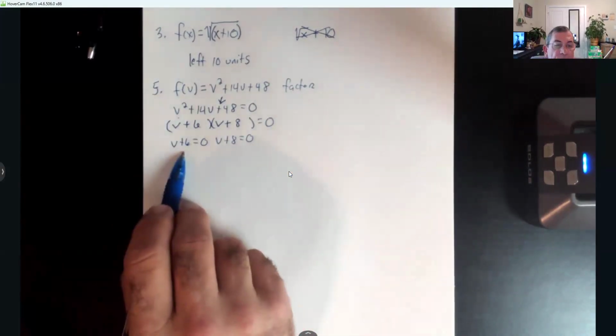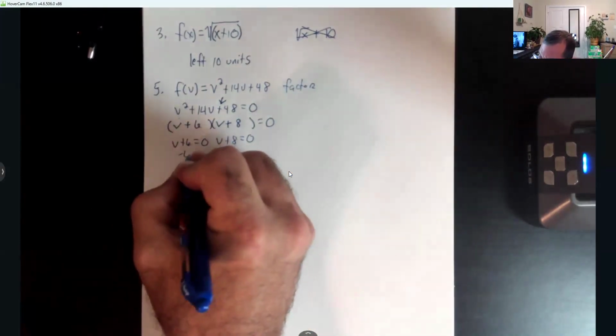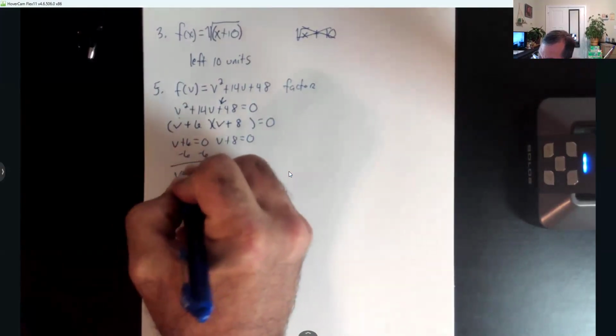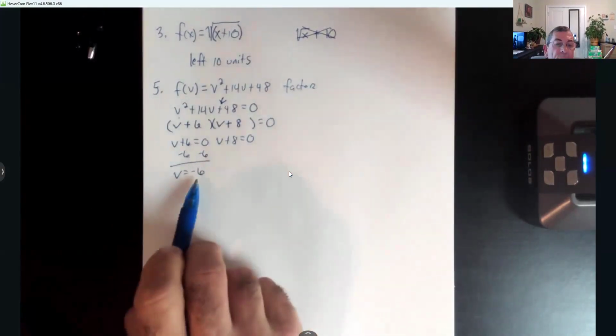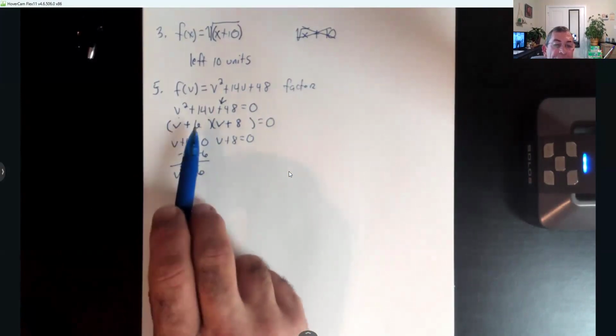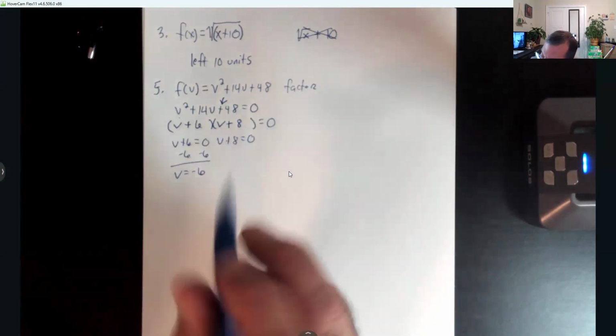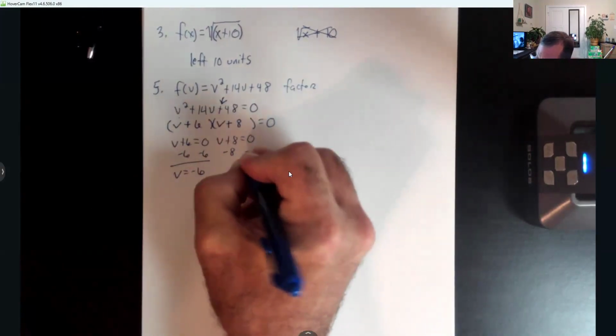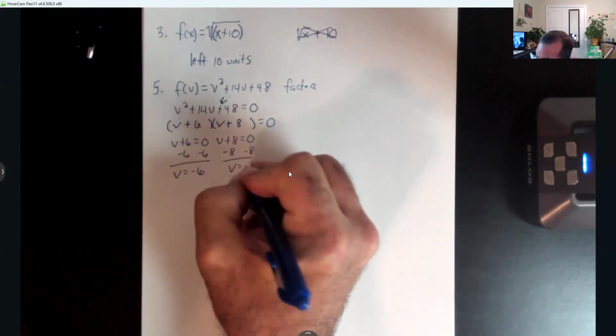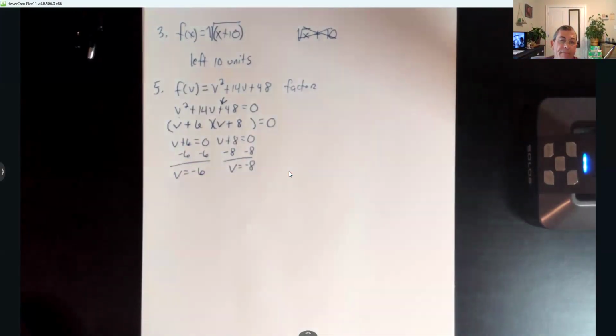So basically, I'm going to subtract 6 on the first equation. I'll get v as a -6. Remember, the zeros or solutions are always opposite in sign than the factors. So this was a +8 as a factor. So notice that ends up being a -8. So number 5, you're going to be able to factor.